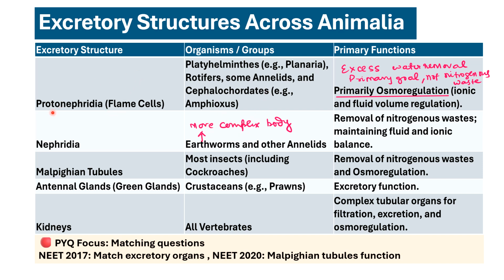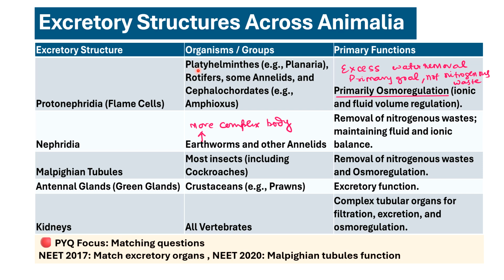You must remember that because it is a primitive excretory structure, the primary role of Protonephridia is not nitrogenous waste elimination. It is responsible primarily for osmoregulation, or maintaining the ionic balance and fluid volume regulation. Why?